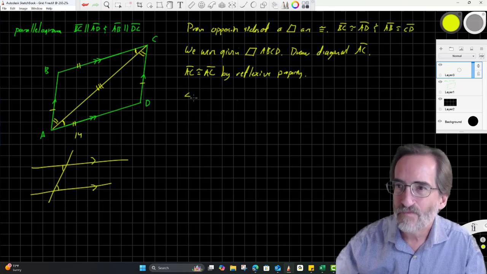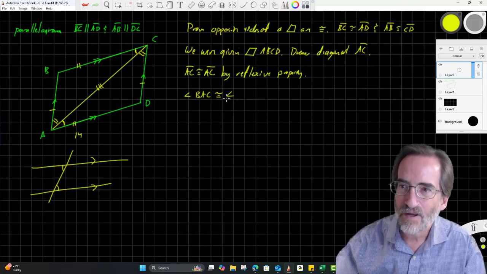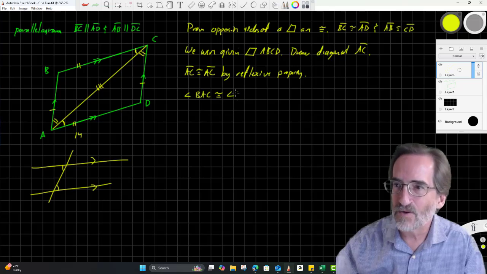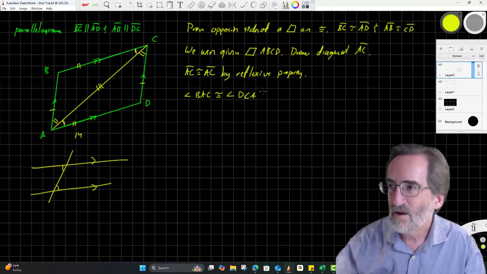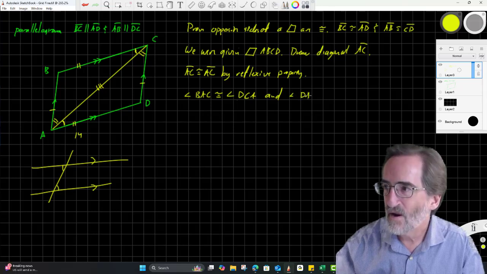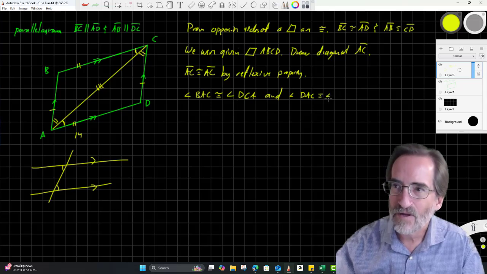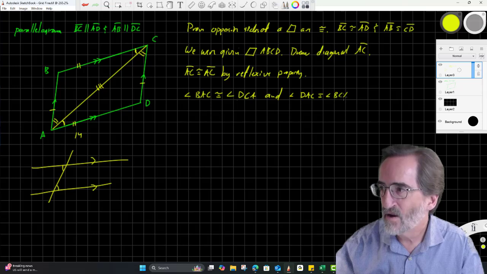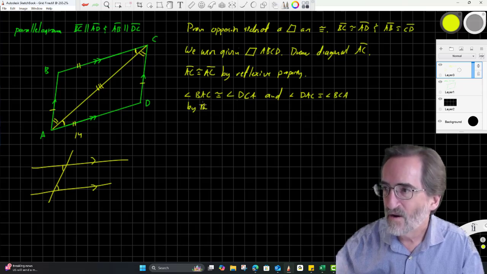So angle BAC is congruent to angle DCA, and angle DAC is congruent to angle BCA by the alternate interior angle theorem.